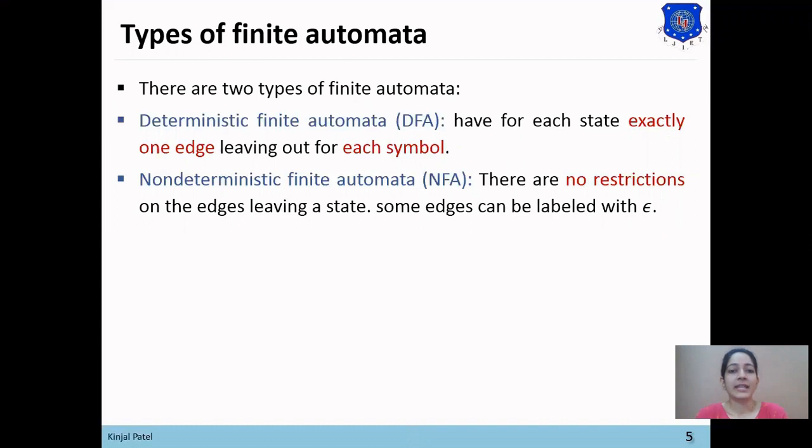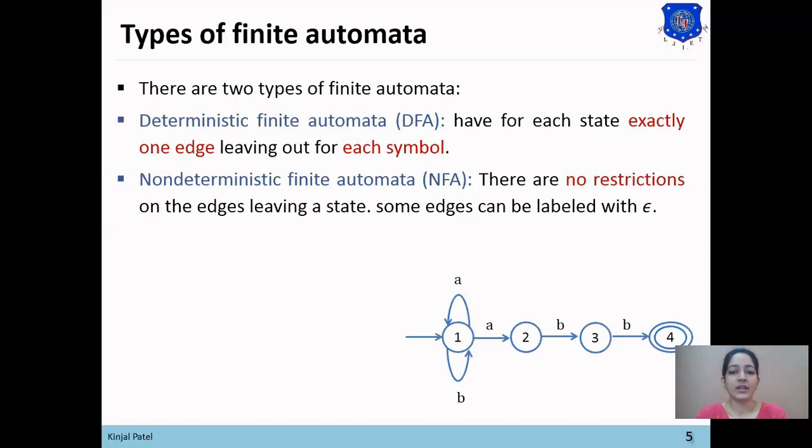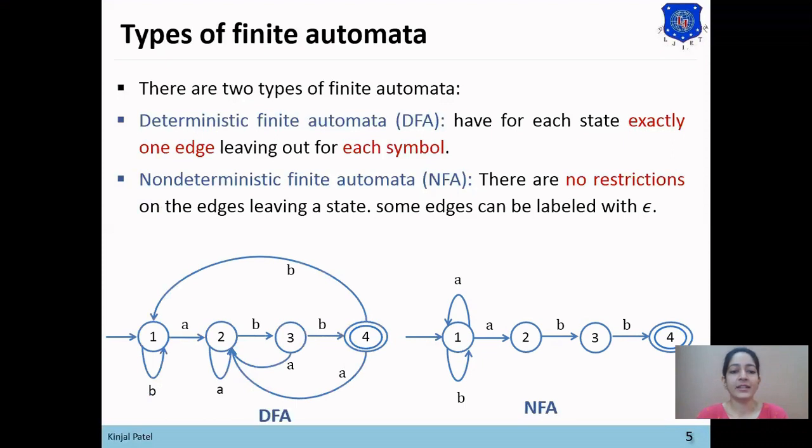So the difference between DFA and NFA is that in DFA only one edge can leave out for each symbol from each state, and in NFA there is no restriction on edges leaving out of a state. We'll see it by example. So here is the example of NFA and DFA. In NFA, you can see that from state 1, there are two edges leaving out of state 1 for symbol A. Means there are two edges leaving out of state 1 for only one input symbol, which is A. And in DFA, we can't do it.